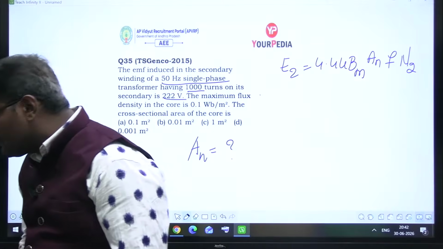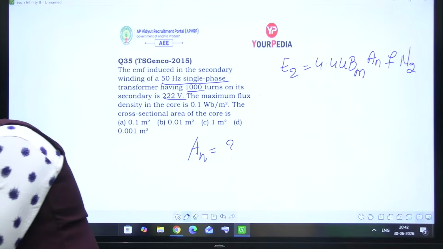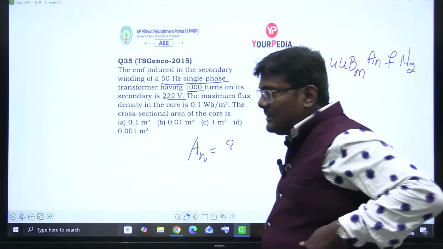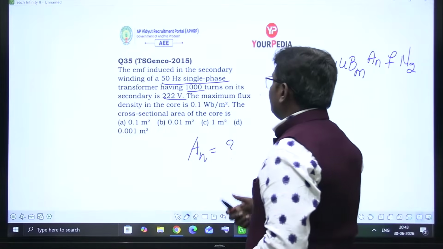Check. What is the answer? D or B? Okay.